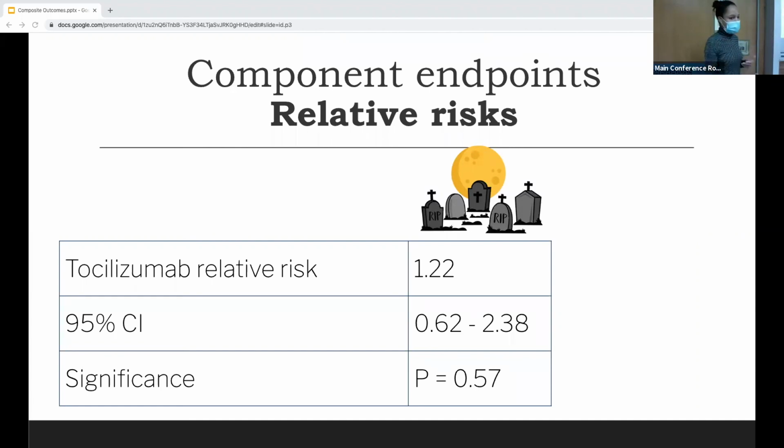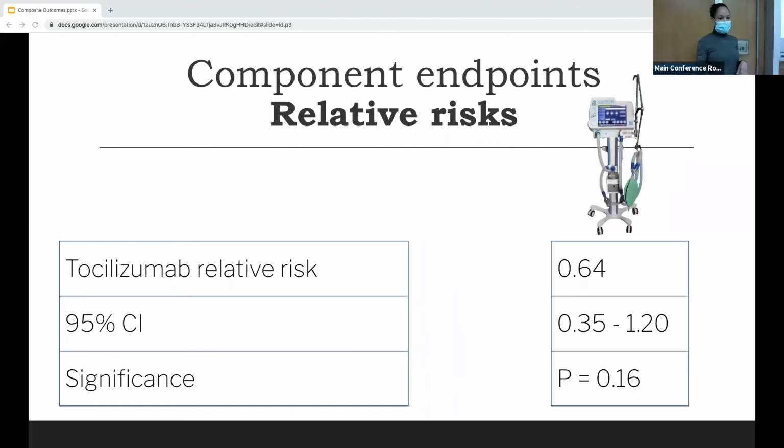However, the confidence interval is 0.62 to 2.38. So it crosses 1, your p-value is 0.57, it's not significant. Similarly, if you look at mechanical ventilation in the tocilizumab group, the relative risk is 0.64, yay, it's better. However, the 95% confidence interval is 0.35 to 1.2, again crossing 1. Your p-value is 0.16 and it's completely insignificant.